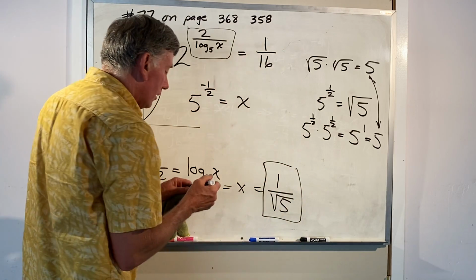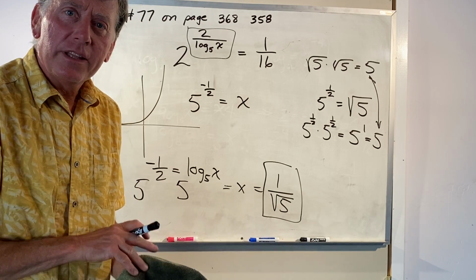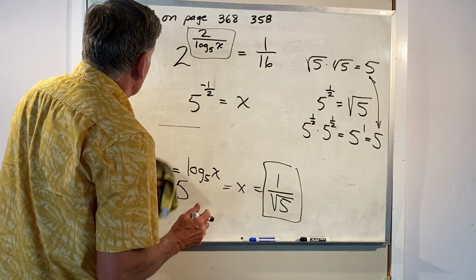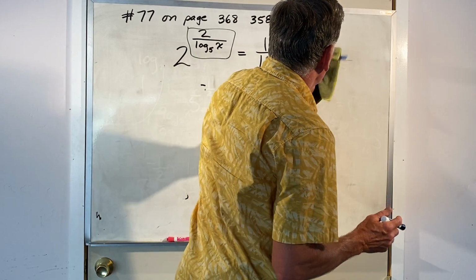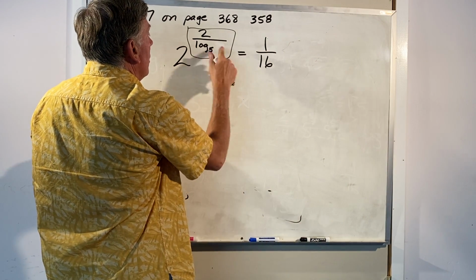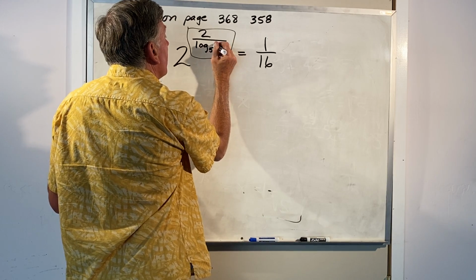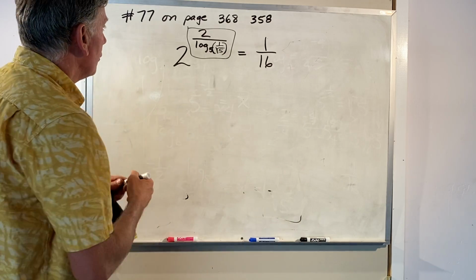This is our answer, but like all good mathematicians, let's be really confident of our answer by checking it. I want to put 1 over the square root of 5 in here for my x value and see if this is indeed true.